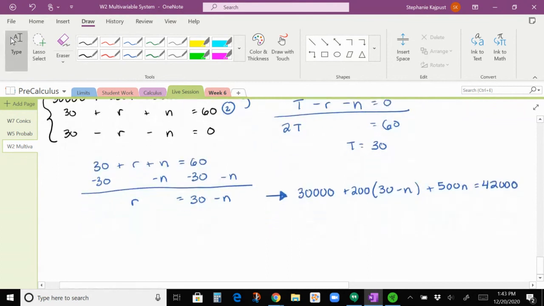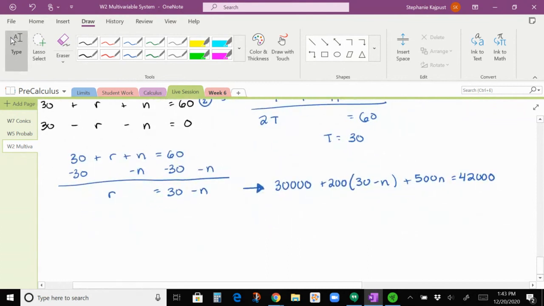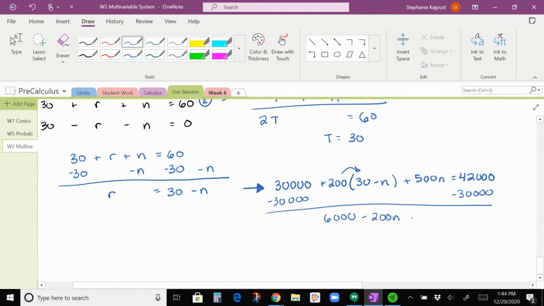And I'm going to use substitution here just because I think it's easier. So I plug in, distribute, and now we're going to solve for N. Actually, first thing I'm going to do is move this 30,000 to the other side, and then I'm also going to distribute the 200 through here. So that gives me 6,000 minus 200N plus 500N equals 12,000.